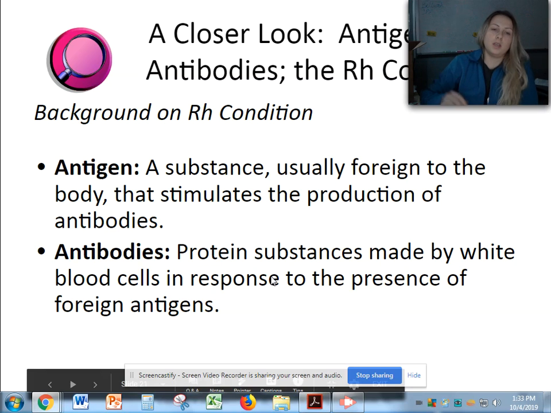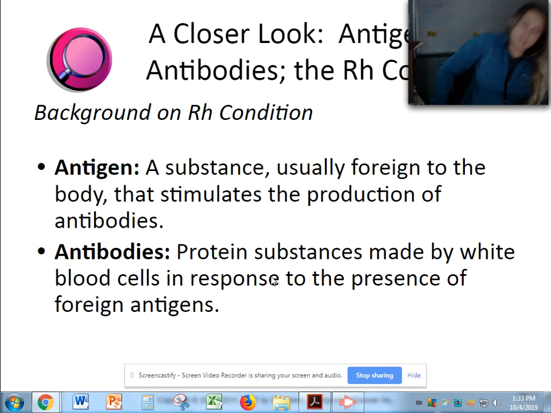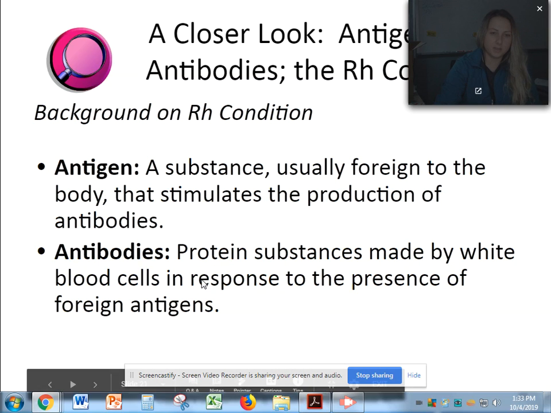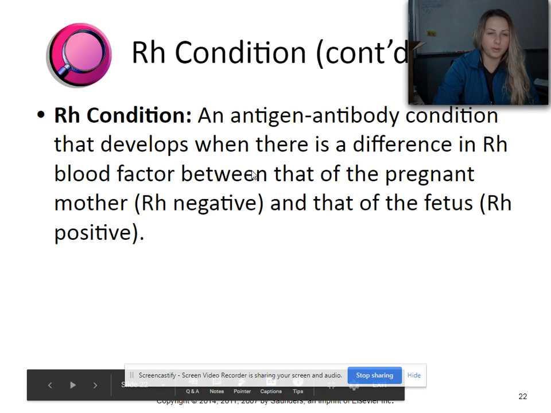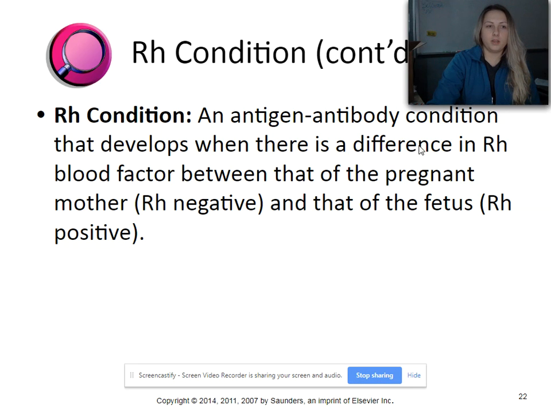So it's a protein that's made by your white blood cells in response to an antigen, right? So let me see. It's been a long time since I did RH. Here we go. So it's a condition that develops when there is a difference in RH blood factor between that of a pregnant mother, RH negative, and that of the fetus, RH positive.